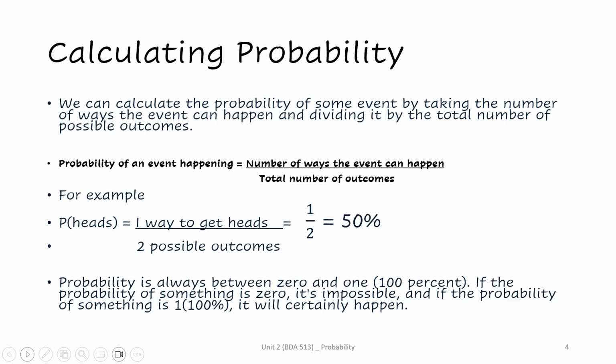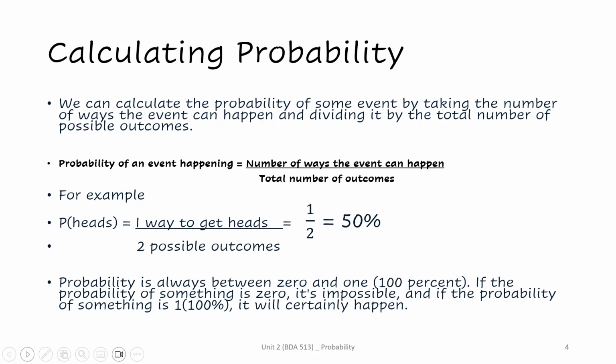Between 0 and 1, whatever you have gives you the likelihood of an event happening. It could be 20%, 30%, 40%, and so forth.